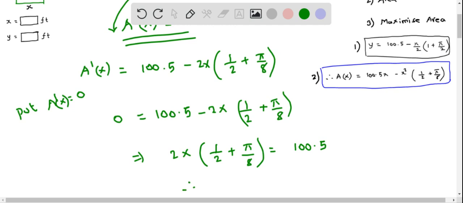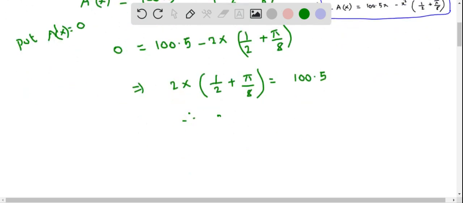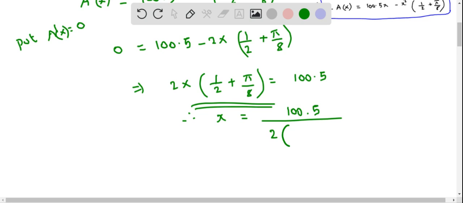Therefore, we can solve for x by dividing both sides by the factor that we have as a product of terms on the left side. So we get 100.5 divided by 2 times 1 by 2 plus pi by 8.